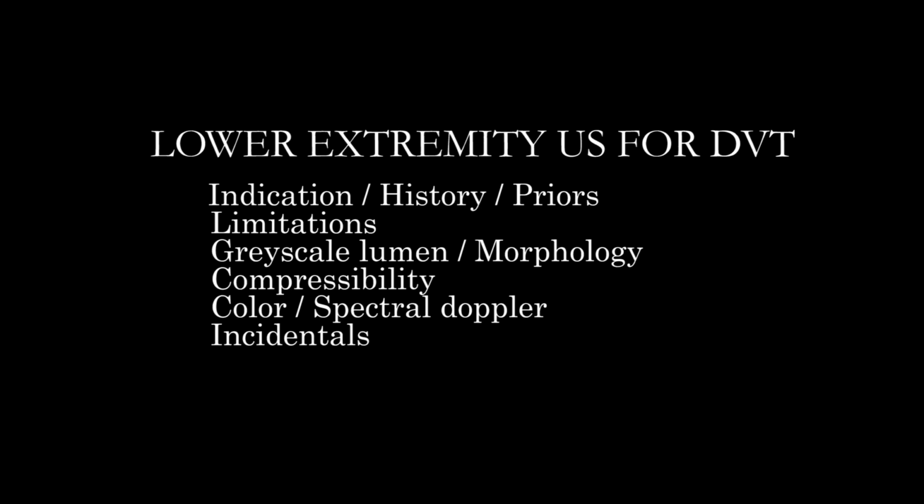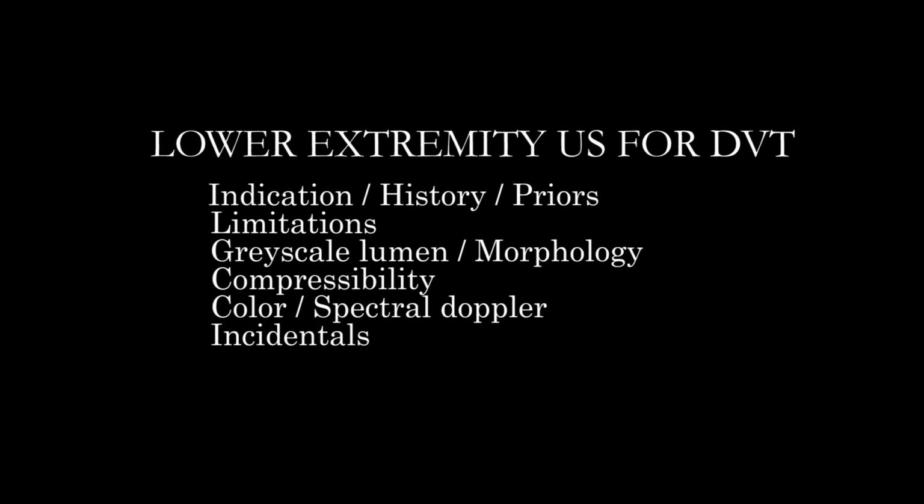And so to recap, as a basic approach to the lower extremity study for DVT, you're going to get a sense of what's going on with the patient, understanding where their symptoms are, whether they're unilateral or bilateral, and what's the level of suspicion for venous pathology. We're going to look through the study to see to what extent we can actually see the anatomy of interest. And then on each of the grayscale images, we're going to be looking at the vessel itself.